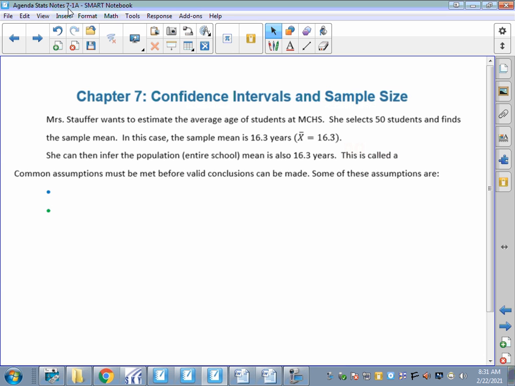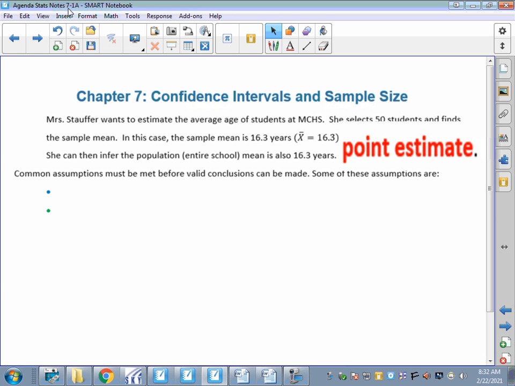So X bar was 16.3. I can then infer that the population is also 16.3 years. This is called a point estimate. So this is how confident are we that the entire school's average age is 16.3 years. So this is where we go in Chapter 7.